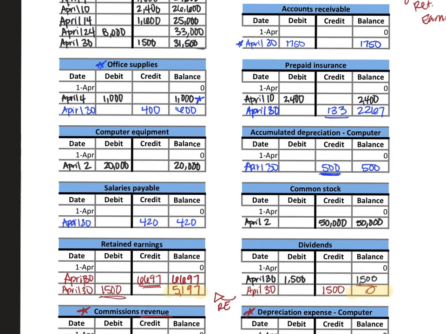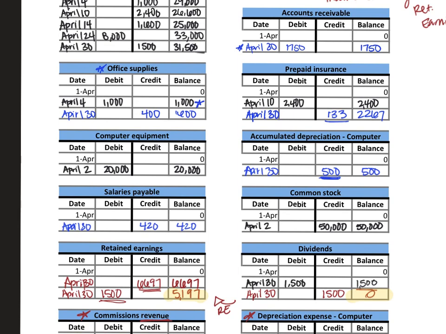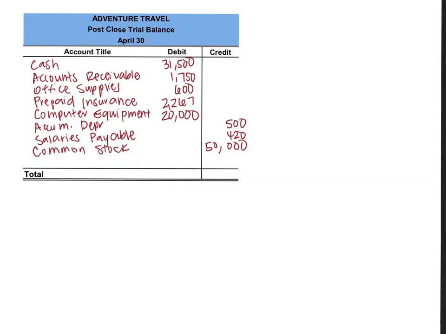And so we take all of the balances in our remaining accounts and we create one final trial balance as a double check. All right, so I've listed out every single item from my ending ledger, and then finally I've got my updated and ending retained earnings balance. This is finally updated from my closing entries, $5,197.